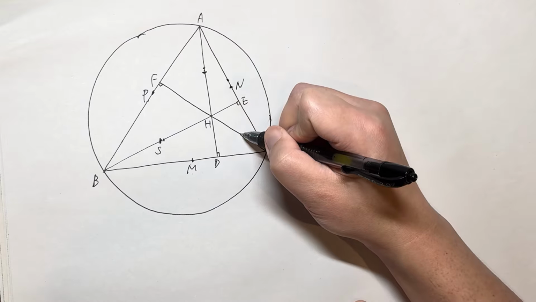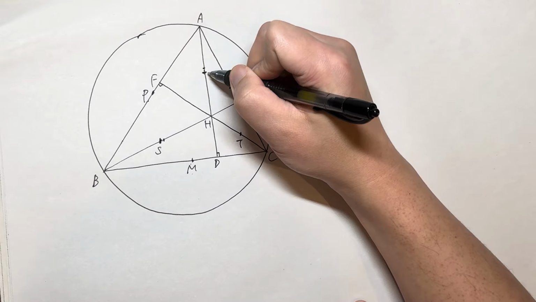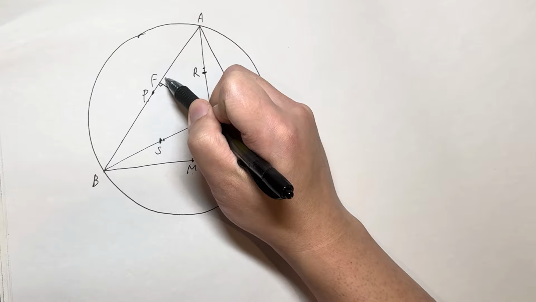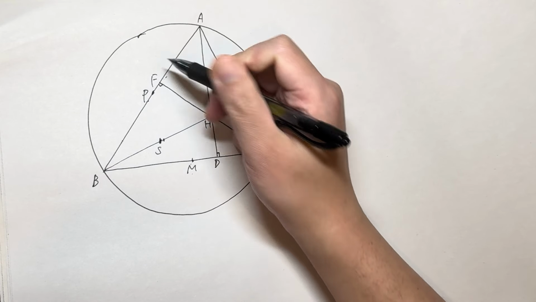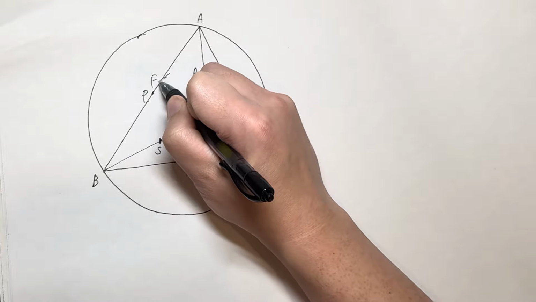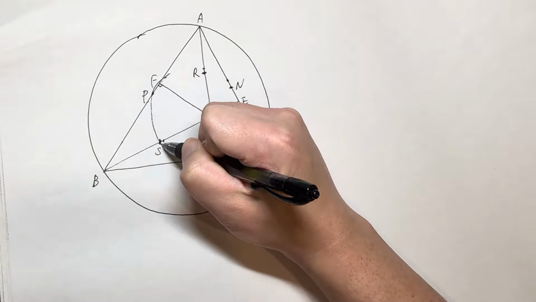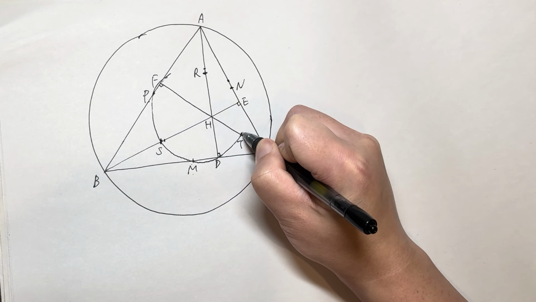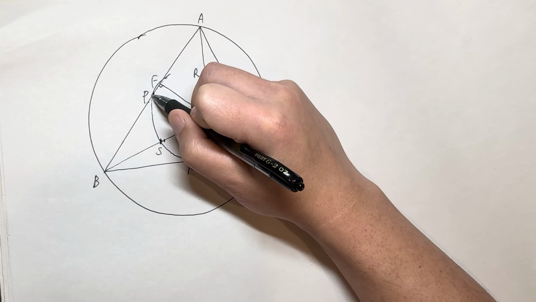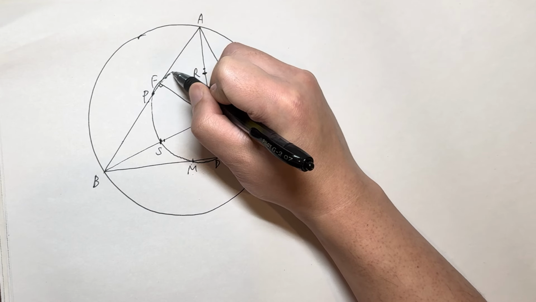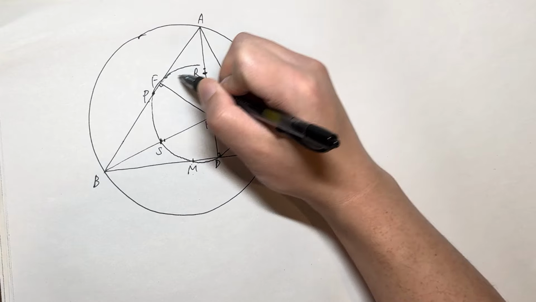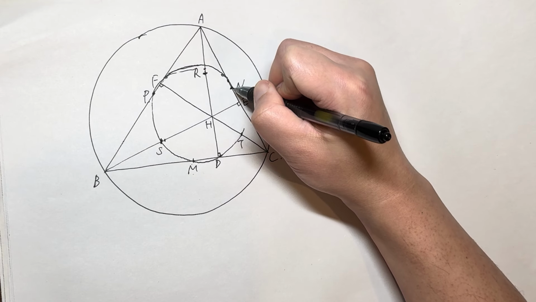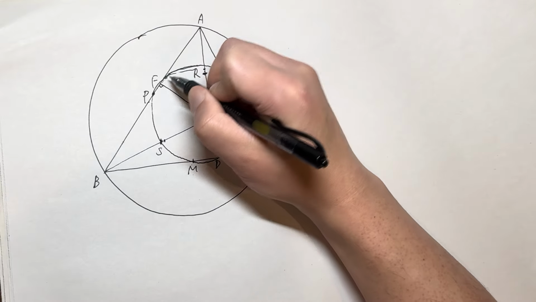Okay, M, N, P, and S, T, R. Right, so the nine-point circle looks like this.